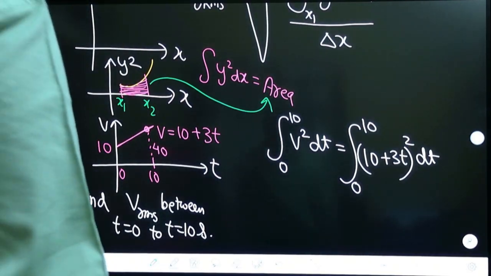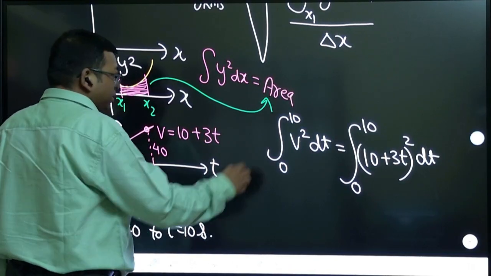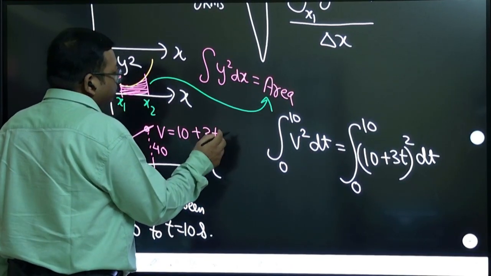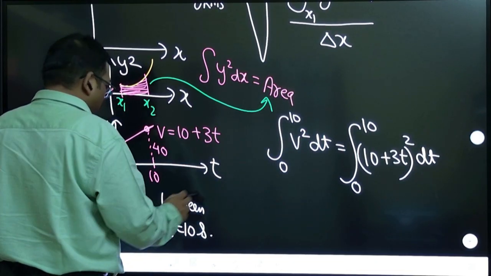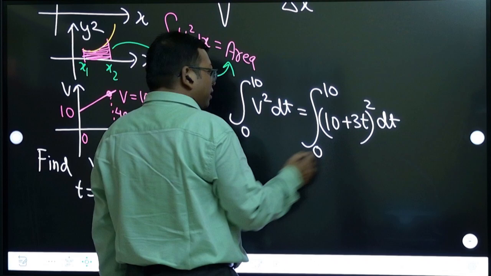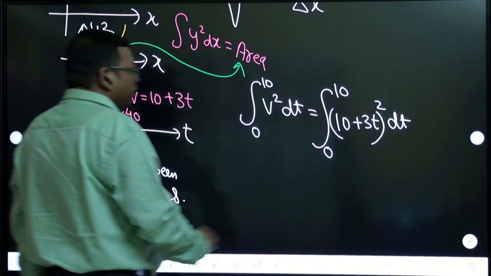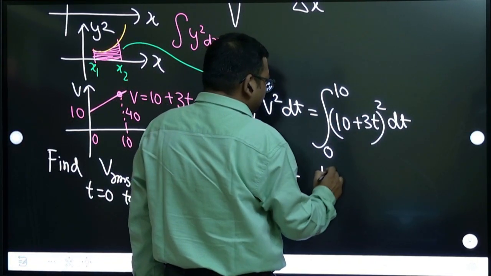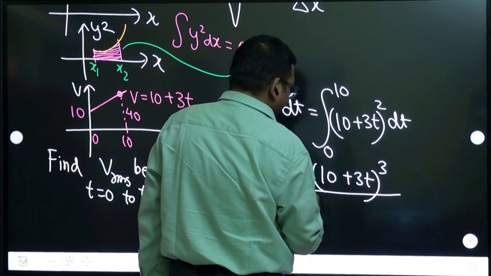Like if it is y square, then y cube by 3, you will do in the same manner. This whole square is there because it's a linear function, so you can apply this special rule. So this square can be written as (10 plus 3t) whole cube divided by 3.